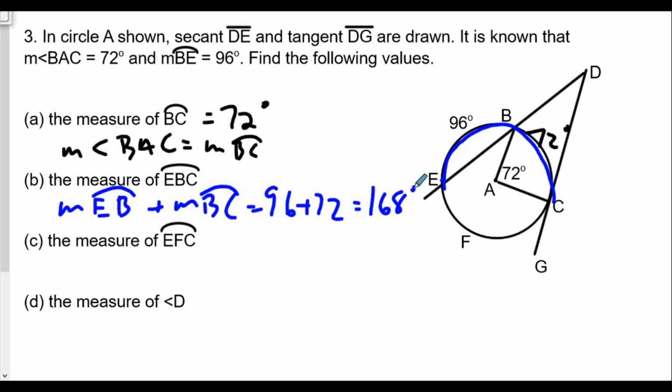Now for the measure of arc EFC. Well, that's the rest of the circle. So we would do 360 minus that 168 degrees. But that would be, in this case, 360 minus 168. Let's see.